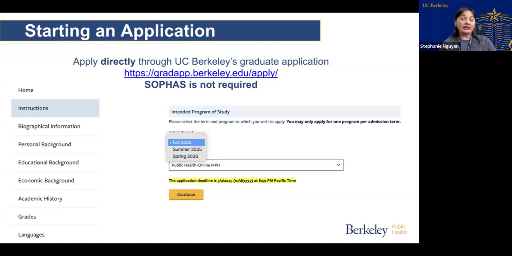You'll want to create an account through UC Berkeley's graduate application, and I'll lead you to our program page where you can select your preferred term and also the program. So as you can see here, I'm choosing fall of 2025, and my intended program will be Public Health Online MPH. So double check your application. That way you can find some of the specific questions that are required for our program.